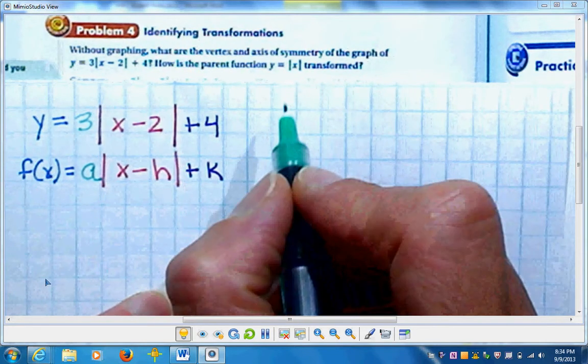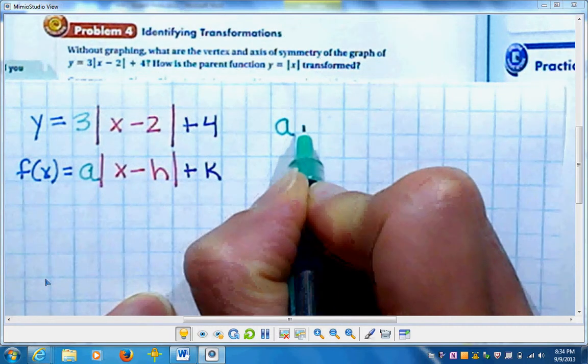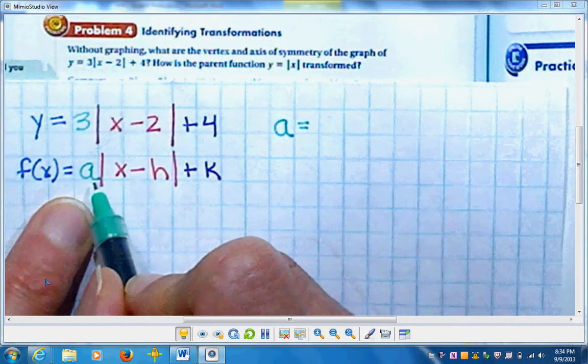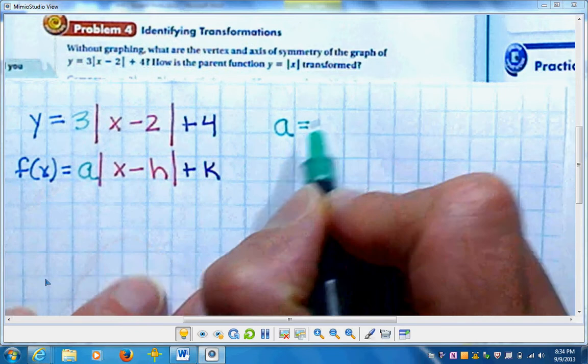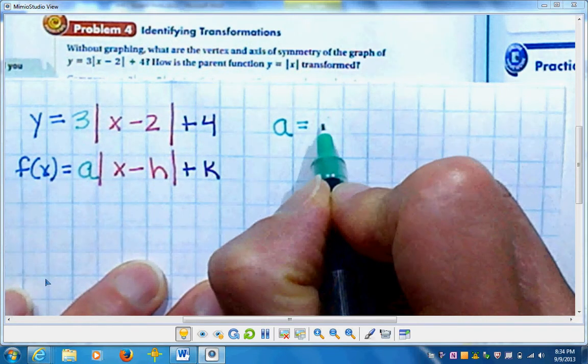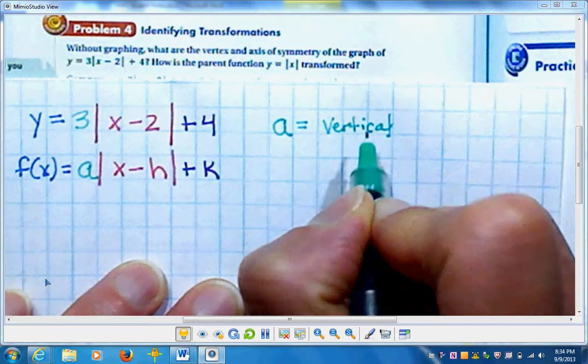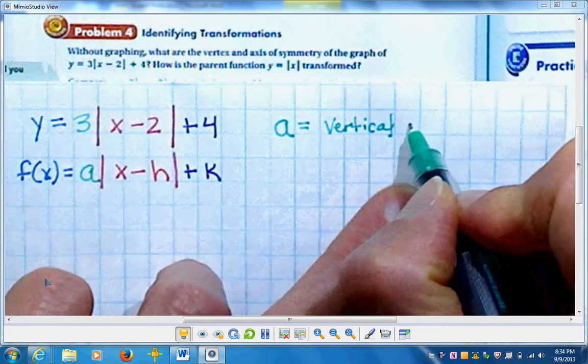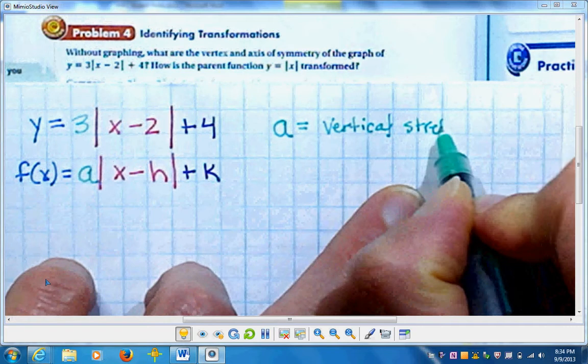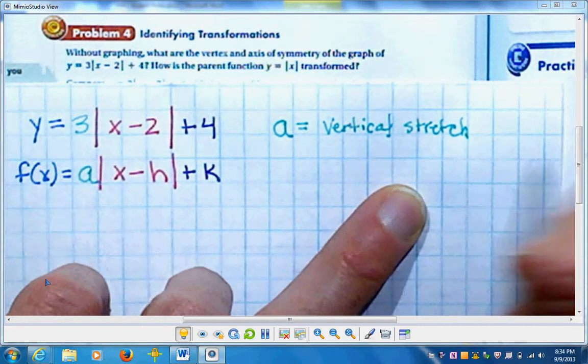Well, we examined in previous examples that when we have a letter in front of the absolute value, that a has to do with vertical stretch or compression.